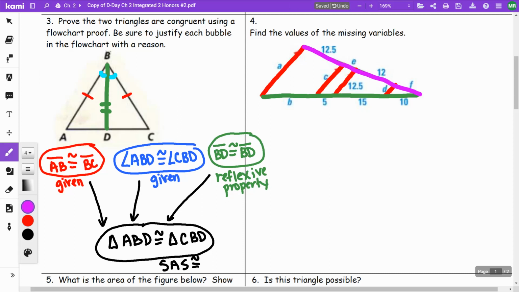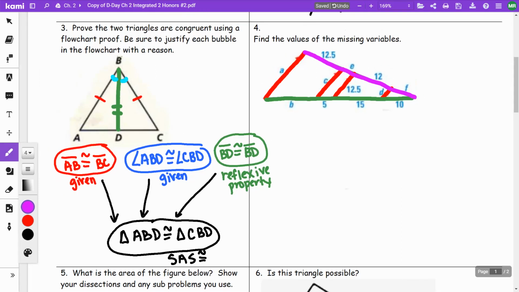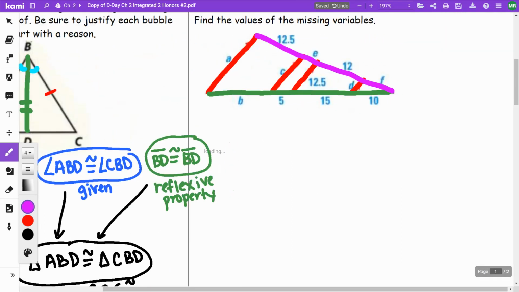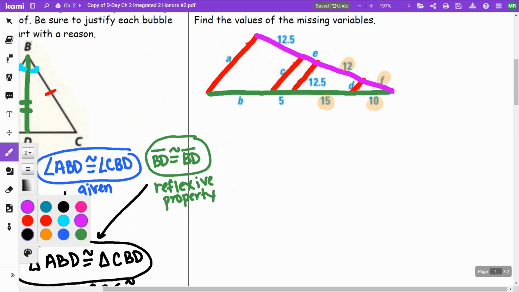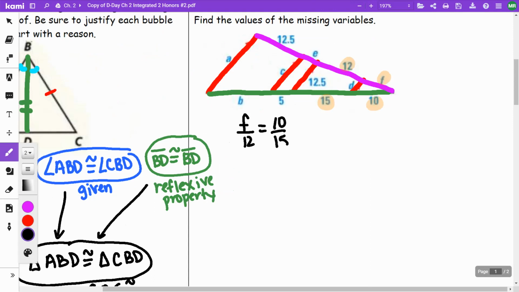So I'm going to be setting up some ratios that I'm going to do the side splitter for. So if I'm dealing with these, I'm looking at the 15, the 10, the 12, and the F. And I'm going to set up a ratio, and I'm going to say F is to 12 as 10 is to 15, and I'm going to cross multiply and solve.